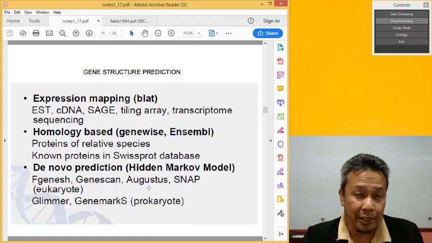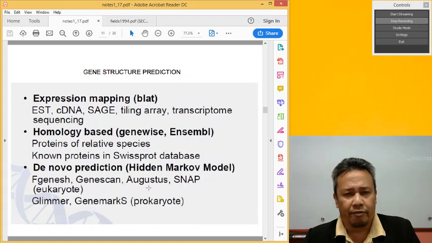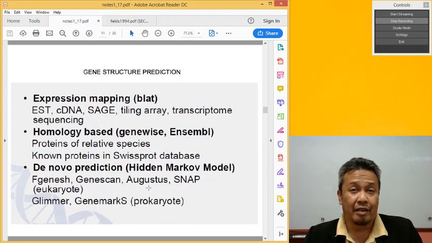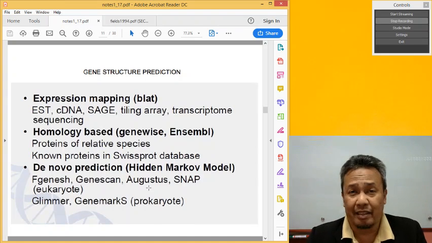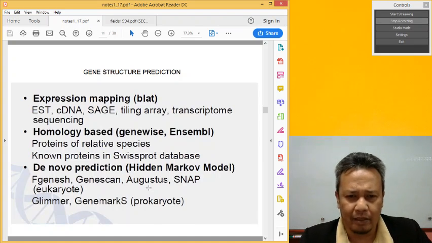If you can find CpG islands, that's another one. What else? If you can translate without any interruption over a long sequence of DNA, this is the open reading frame. So based on all these various characteristics, they will be able to predict with a certain amount of certainty.